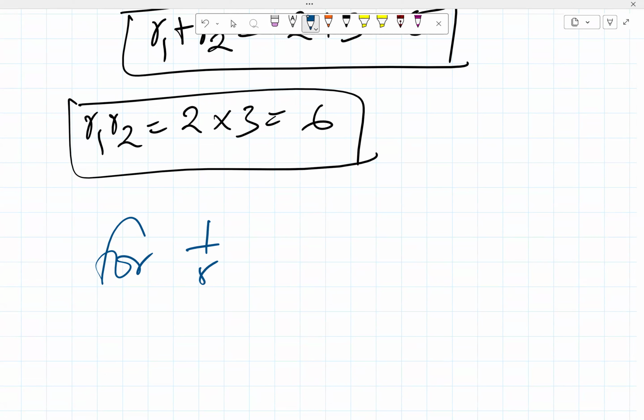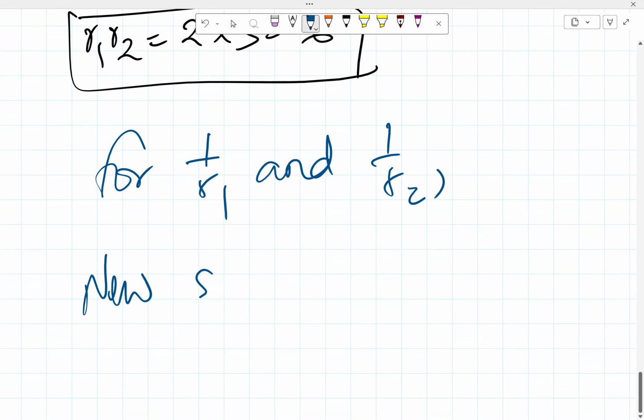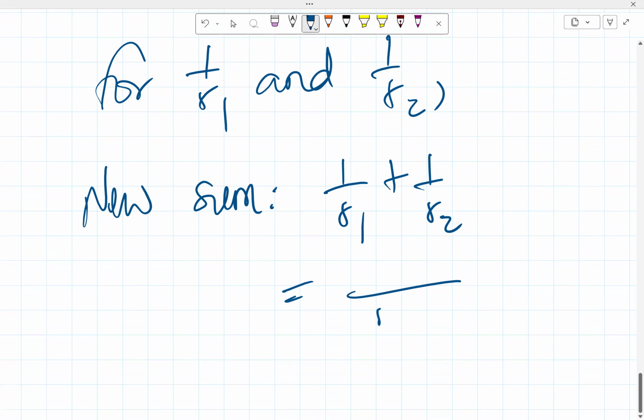So we now say for the new roots, 1 over r1 and 1 over r2, we need the sum and product always. The new sum will be 1 over r1 plus 1 over r2. So the LCM is r1 r2. So r1 in r1 r2, that's r2, plus r2 in r1 r2, that's r1.